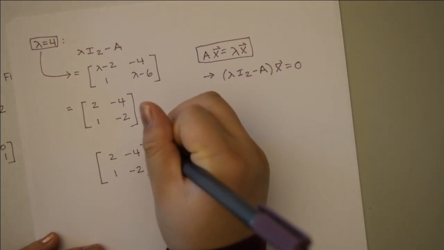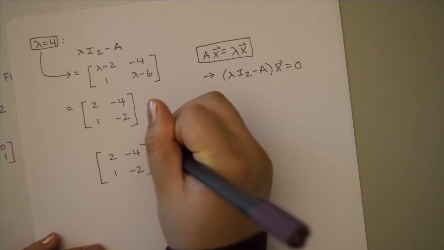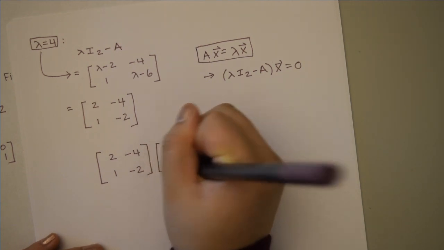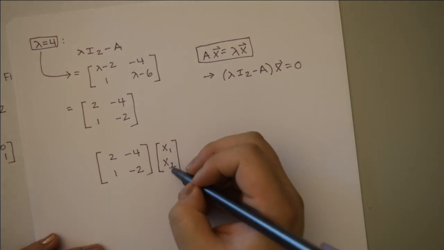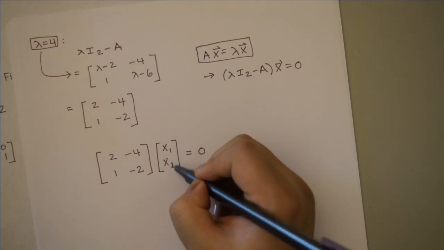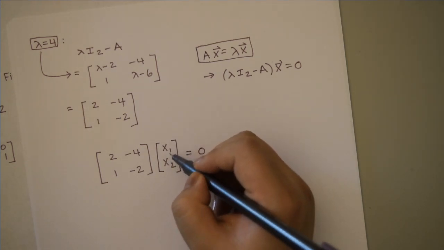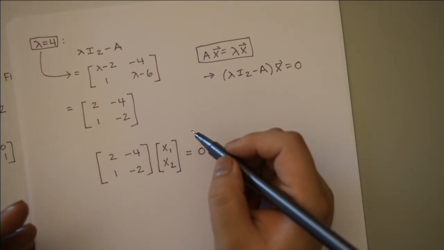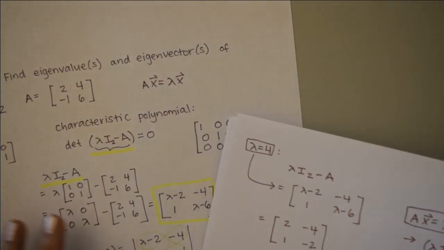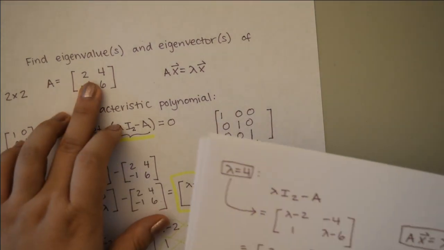So I'm going to let my vector x have coordinates x1 and x2. And you can always write it like this, because all this stuff only works for square matrices. So it has to be n by n, in this case 2 by 2.